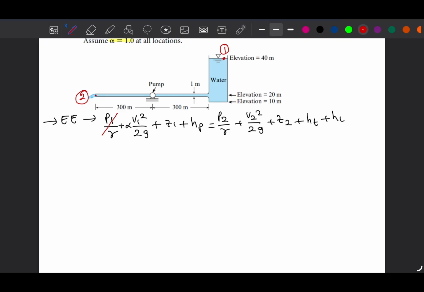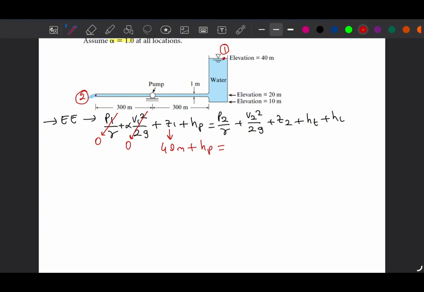So we have zero pressure, zero velocity. Z1 is 40. And this time we will have HP, which is the head provided by the pump. So this means when we use this pump, for example, it will increase the water this much, and this will be called HP.